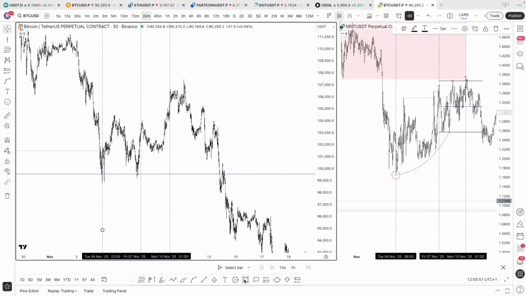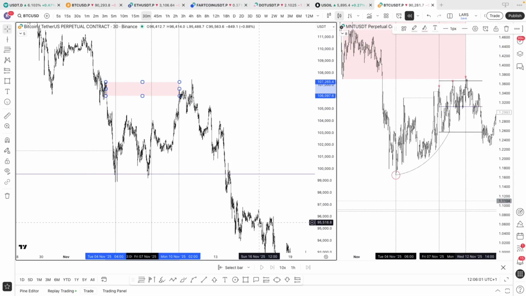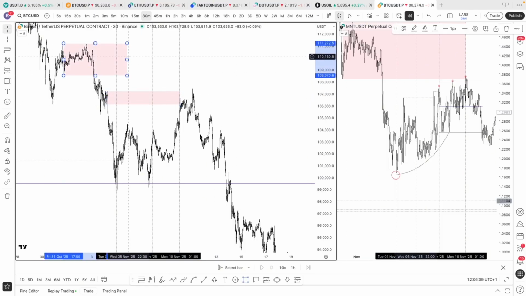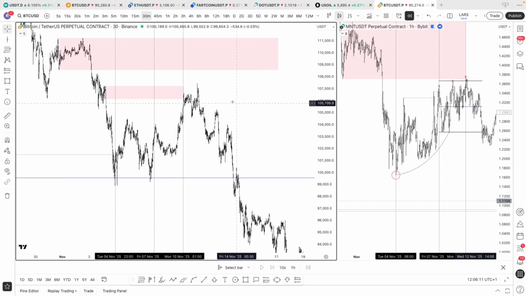So what we can see is some supply POIs on the left here that have some liquidity above it. We're expecting an overall lower high for a lower low following our macro bearish order flow. We have some structure supply right here.